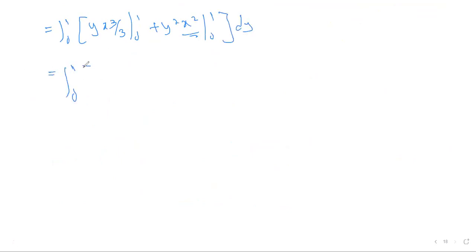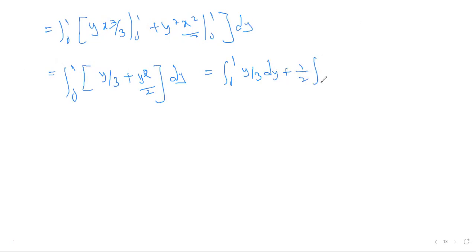After integration, it is y by 3 plus y square by 2, dy. So the integral 0 to 1 of y by 3 dy, plus 1 by 2 common, the integral 0 to 1 of y square dy.